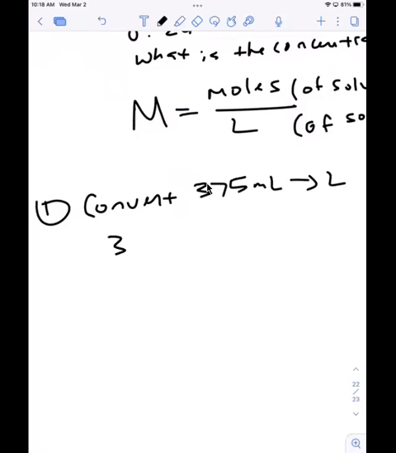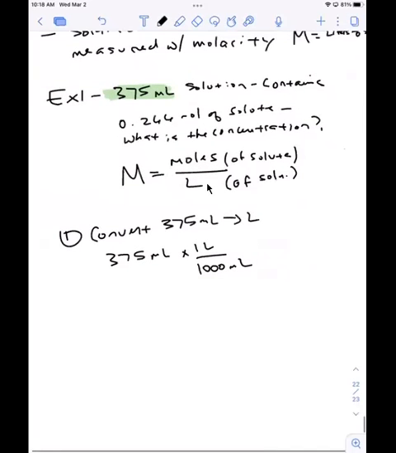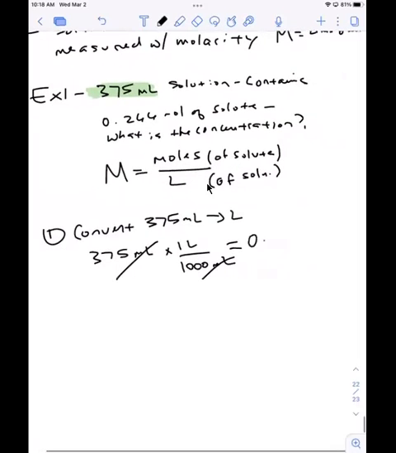Right, so we know that 375 milliliters, all we need is a conversion factor. So 1 liter divided by 1,000 milliliters. So milliliters is going to cancel. And that's going to leave us with 0.375 liters. Once we have this number, we're home free.